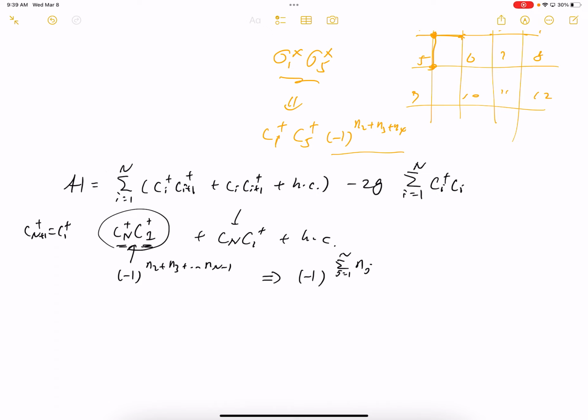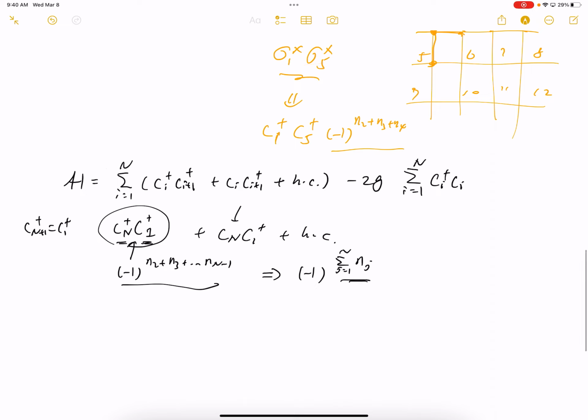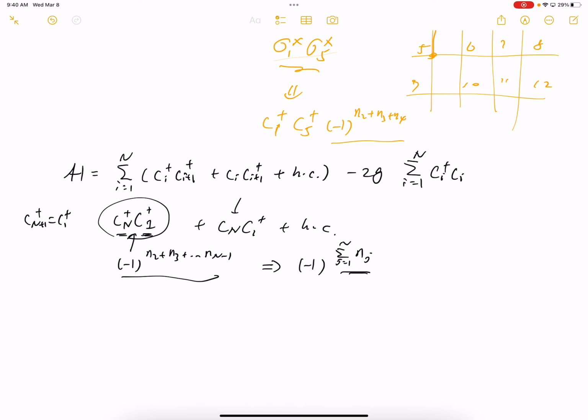So whenever you apply this phase operator, you either apply it to a null state, because you can't create more fermions if there's already one on either site 1 or n, or you're always dealing with a state where you have exactly one fermion at site 1 and n. In this case, these two are equivalent, because I'm just summing over n_1 and n_n, which are both equal to 1. So you're doing (-1) to the 2, which is always 1. So these two are exactly equivalent, and similarly for all these other terms.